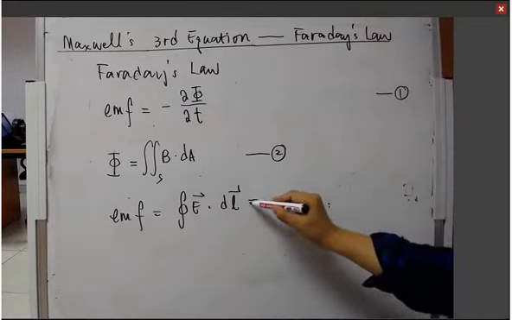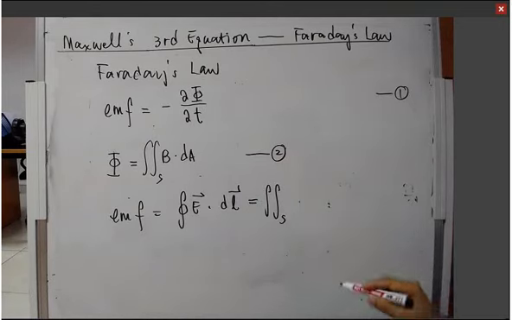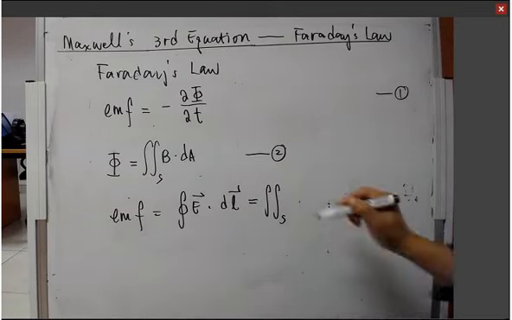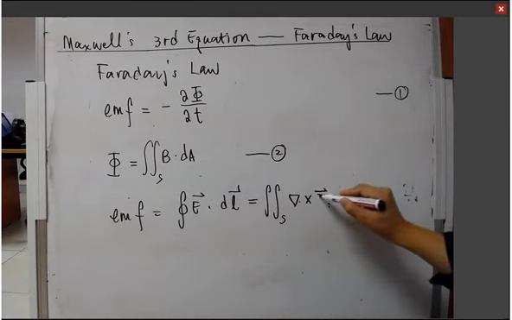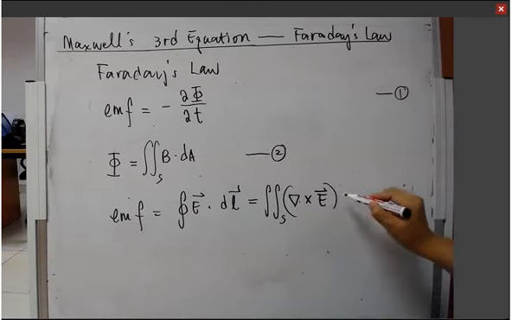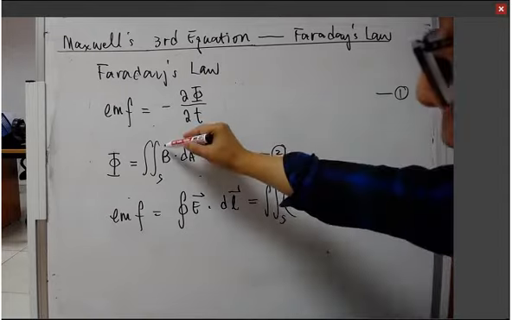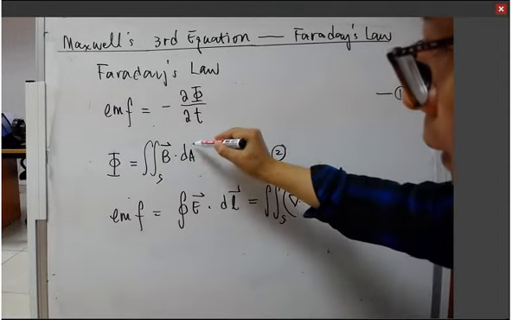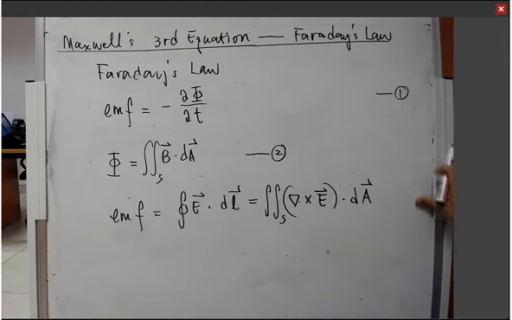According to the Stokes theorem, it is equal to the surface integral of the curl of E dotted with dA. In this case, I also need to convert this into a vector integral. So this is equation number 3.